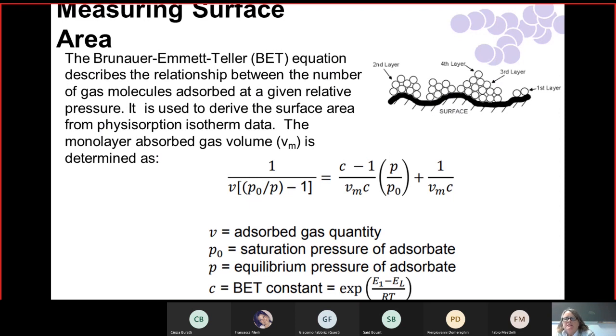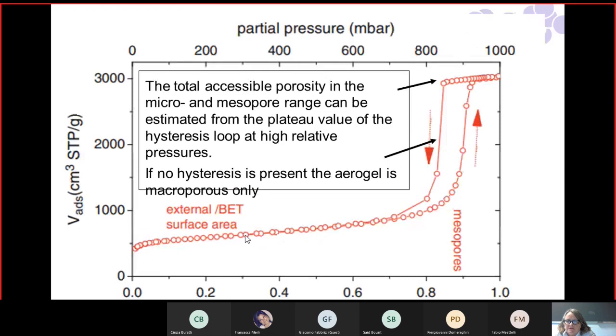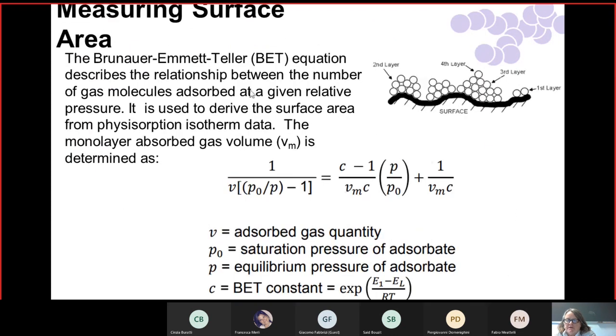So there is a relationship between the monolayer adsorbed gas volume and every single point on the isotherm, which represents an adsorbed gas quantity and a pressure. At each of these points, I have how much was adsorbed and what the pressure is. At each point, they show that they are related in this way.